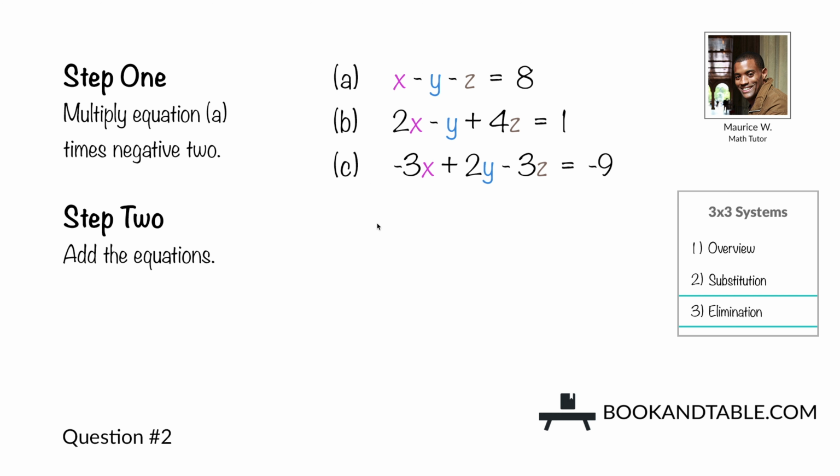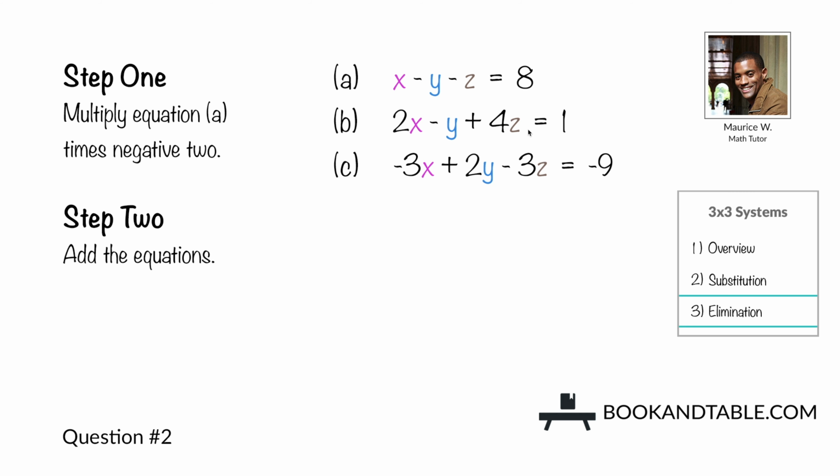We were given the 3x3 system. Equation A is x minus y minus z is equal to 8. Equation B is 2x minus y plus 4z is equal to 1. And equation C is -3x plus 2y minus 3z is equal to -9.